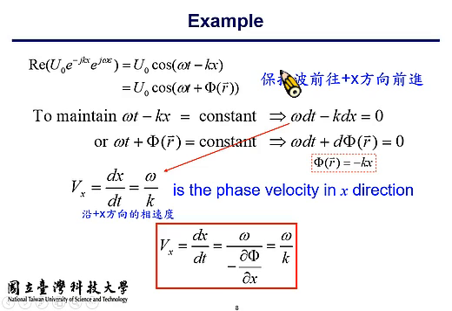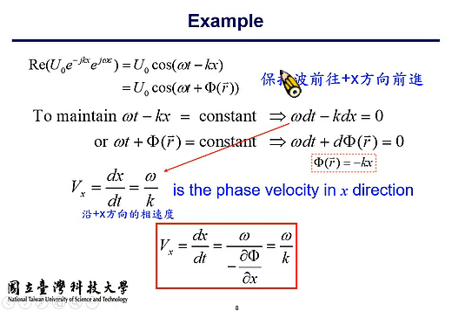So when you look into the description of the phase function, the argument of the cosine should be a constant. The function is cosine omega t minus kx, and it implies that omega t minus kx should be a constant number, right? 所以只要相位是一个定值的话，那就是 omega t minus kx 是一个定值.